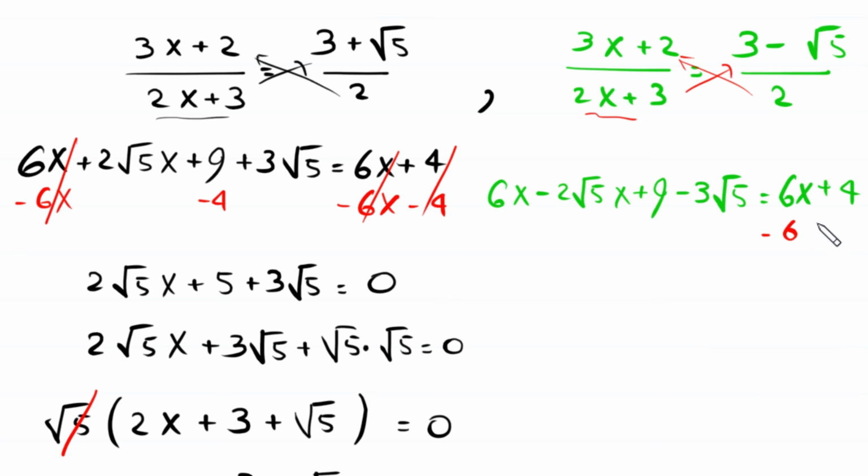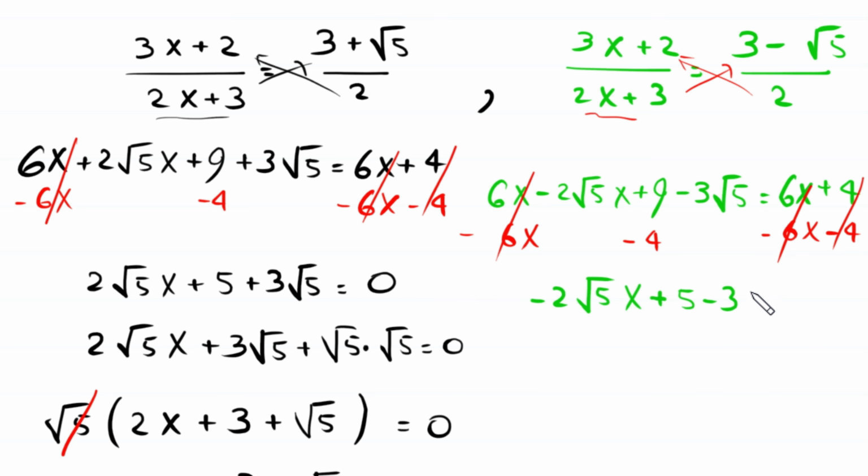Subtract 6x and 4 from both sides. This cancels out, this cancels out, and this cancels out. We are left with negative 2 times root 5 times x plus 9 minus 4 is 5, minus 3 times root 5 equal to 0.